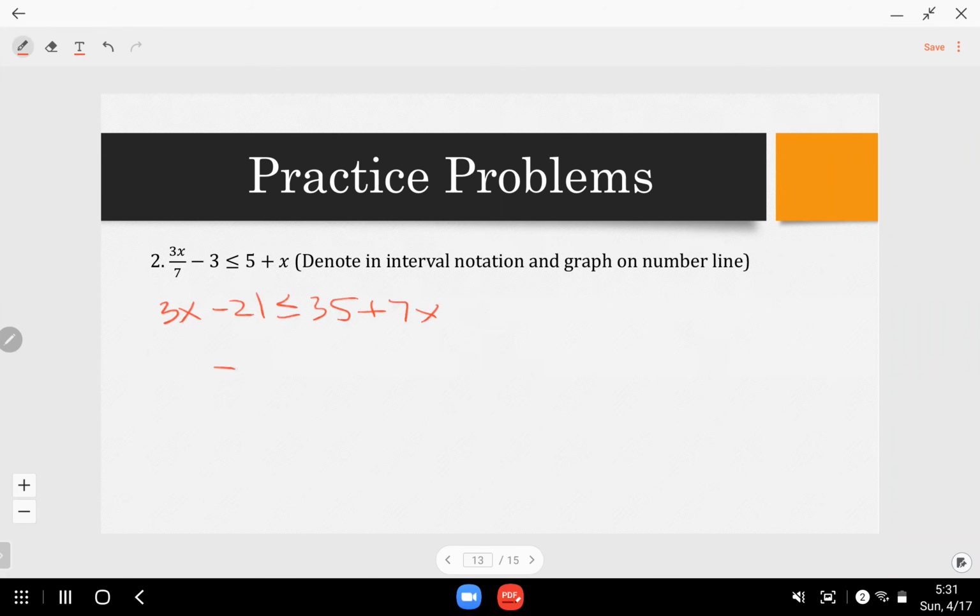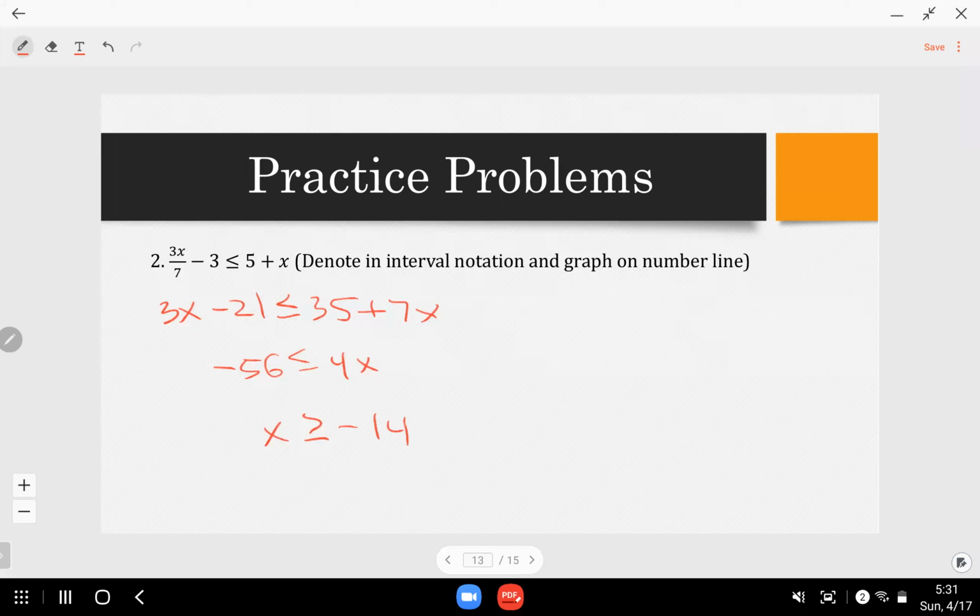So that's negative 56 on the side is less than or equal to 4x. Okay, so then x is greater than or equal to negative 14. All right, is that correct?